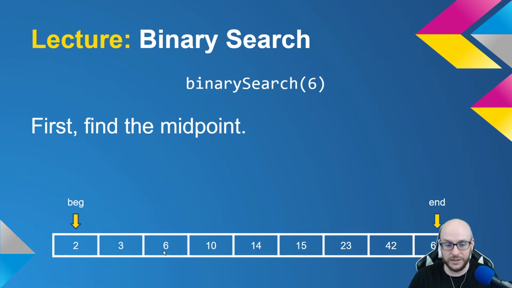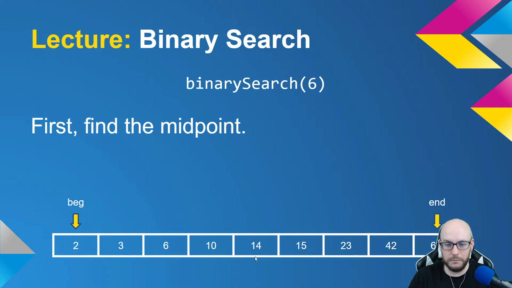You and I can clearly see it's right here, but our algorithm has to basically process it. It's got to go through the array until it finds it. So the first thing we want to do is find the midpoint, the element that's in the center. Right now we have 1, 2, 3, 4, 5, 6, 9 elements.